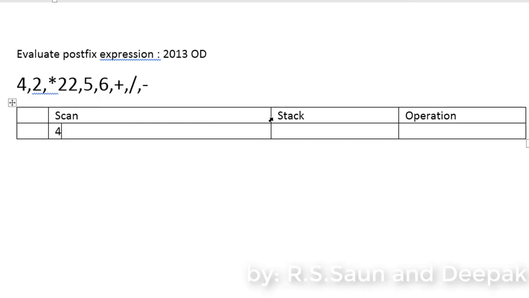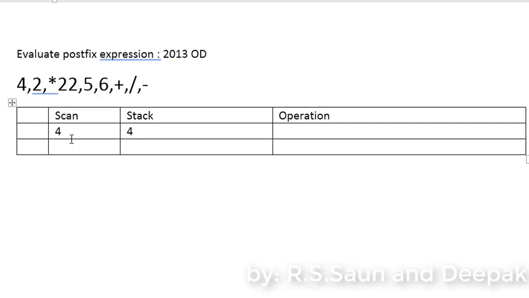After scanning, we have to find out whether it is an operator or an operand. 4 is an operand, so it goes to the stack. Then we have 2, which also goes to the stack, and the stack status is 4, 2.